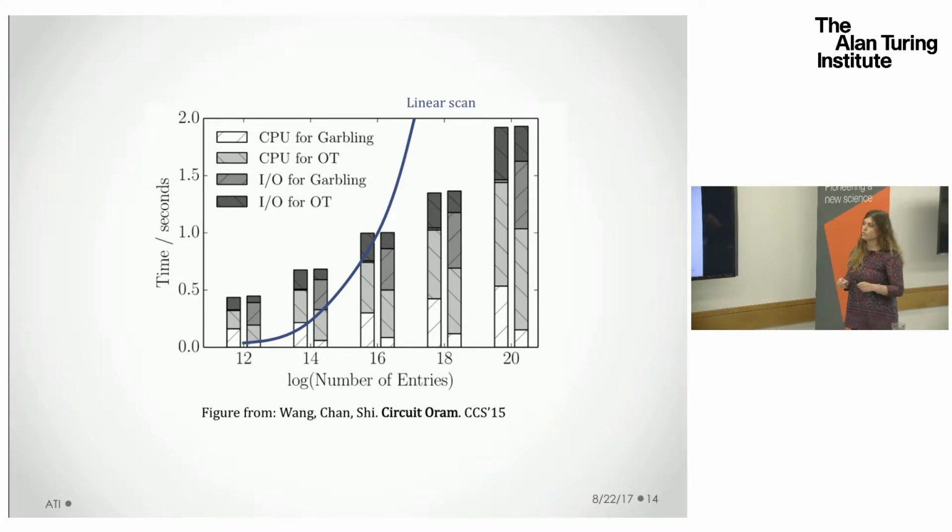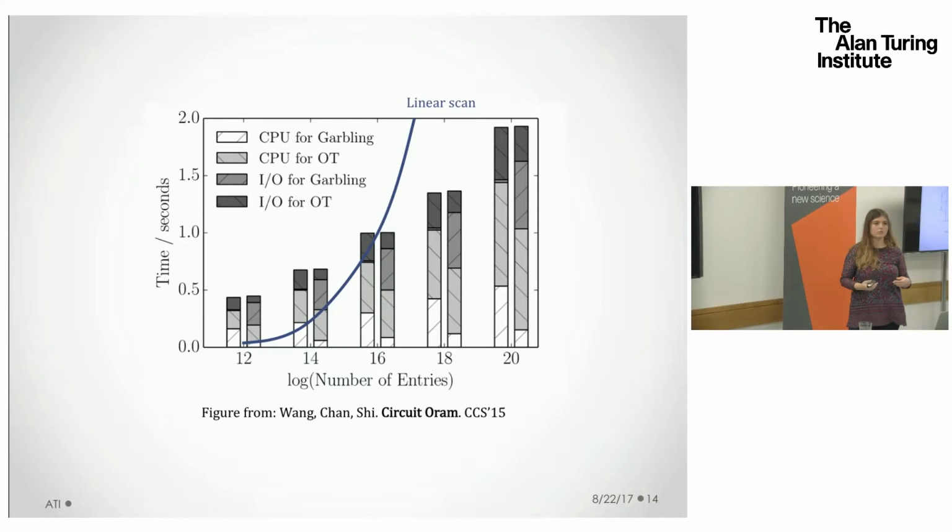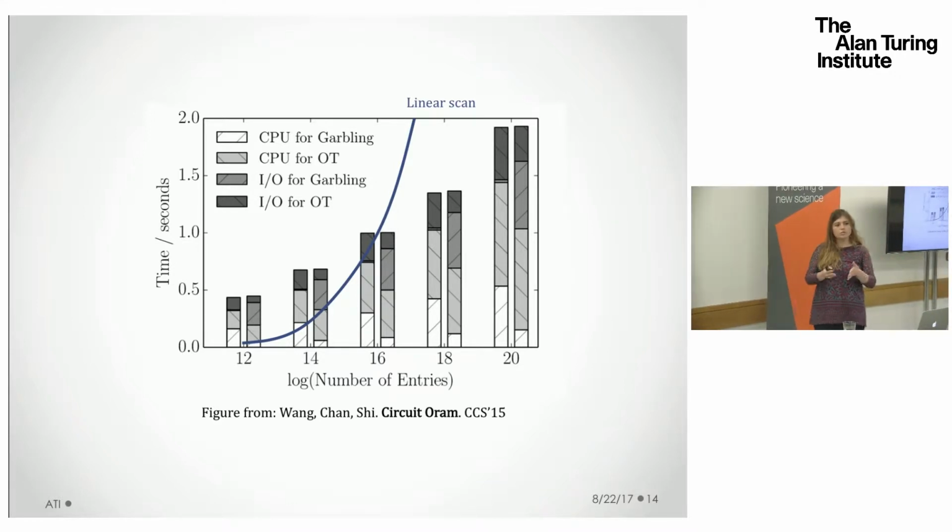We have to go to database sizes of the order of 2 to the 16th. And there are many interesting applications that deal with databases of smaller sizes. And from this graph, it looks like for any of those database sizes, in practical applications, the linear scan should be the solution of your choice.